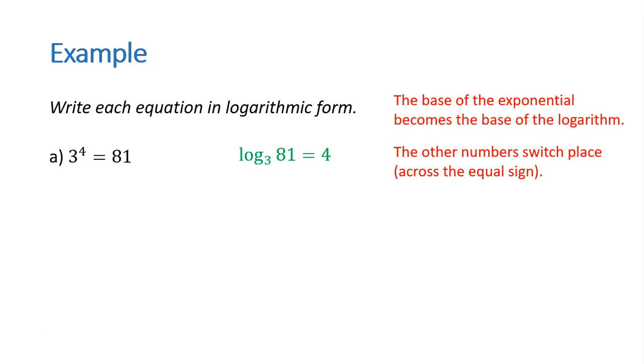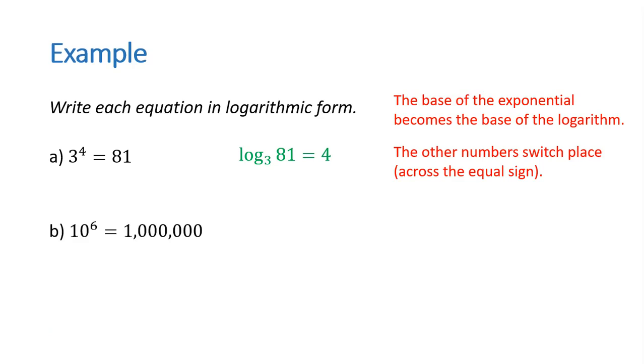But once the input for the logarithm becomes more complicated, we may put parentheses around it just for clarity. So whatever is directly to the right of the log and the subscript is considered the input of the logarithm. It's what we're taking the logarithm of. So again, just to reiterate, overall 3 to the 4 is 81, so log base 3 of 81 is equal to 4. Let's try another one.